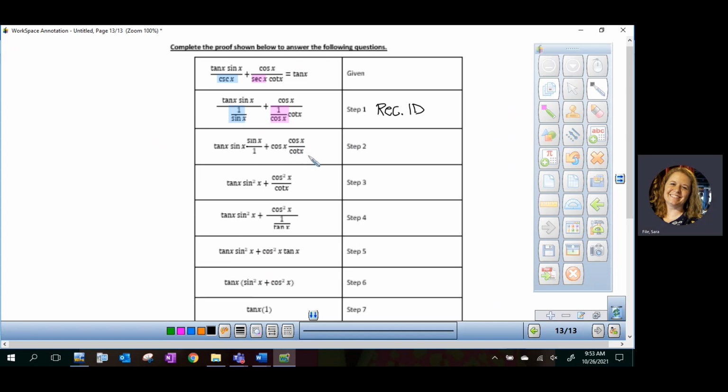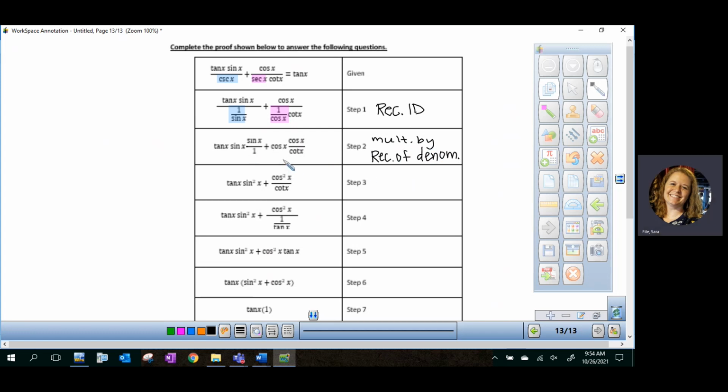So that's not an identity, that's an algebraic operation. You could write that as keep, flip, change, or multiply by reciprocal of the denominator. That is not a trig identity.